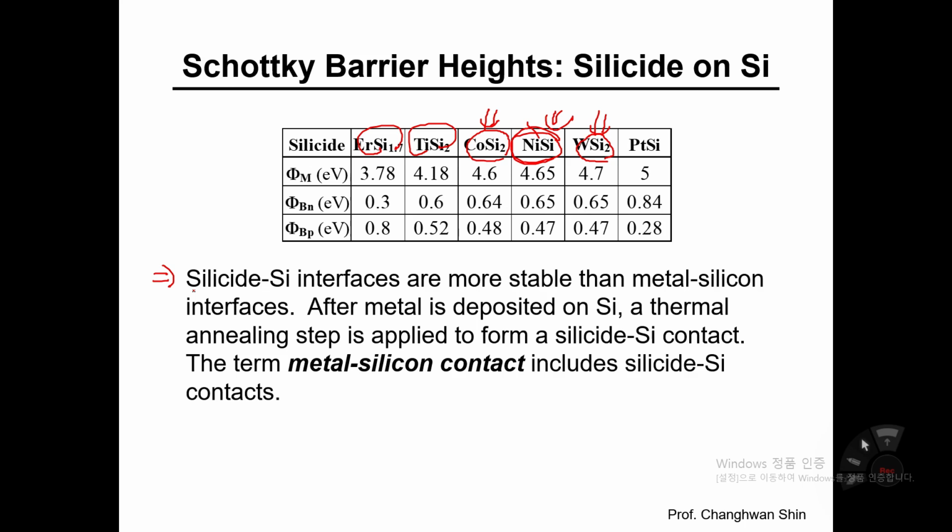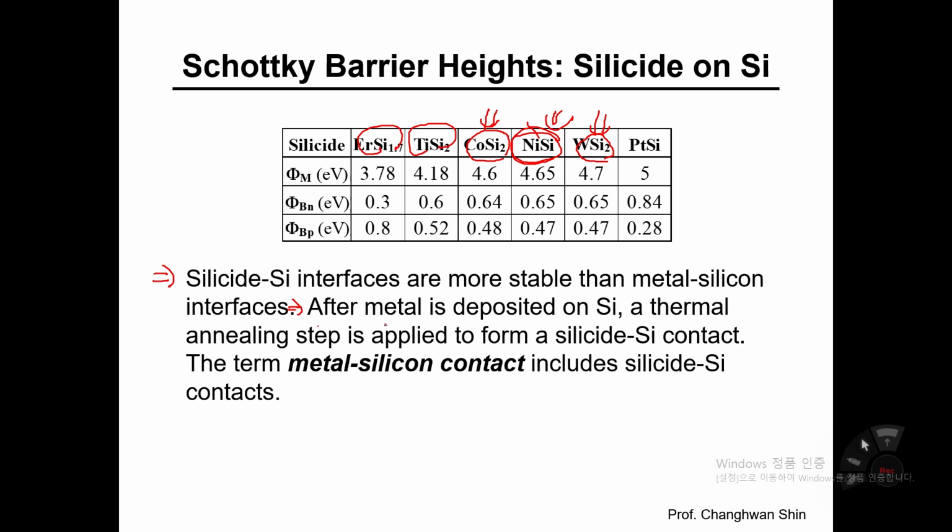However, once the metal is physically deposited onto the silicon surface, if we heat up the wafer, then a chemical reaction can be induced, resulting in a silicided material at the interface, so that a very stabilized silicide silicon interface can be obtained.